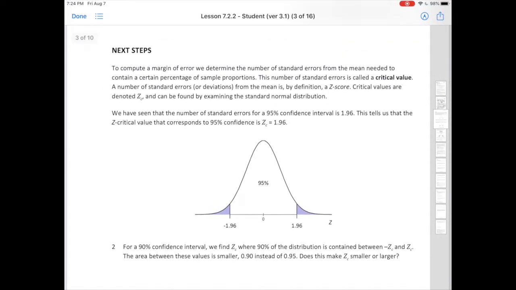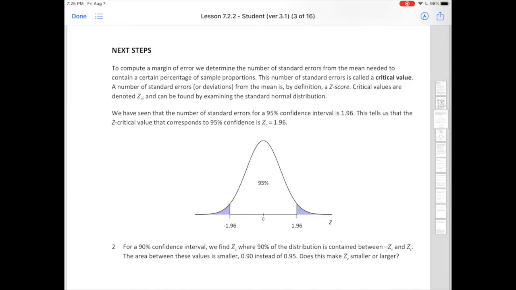Okay, so let's keep going here. Next steps. To compute a margin of error, we determine the number of standard errors from the mean needed to contain a certain percentage of sample proportions. This number of standard errors is called a critical value. A number of standard errors or deviations from the mean is by definition a z-score.